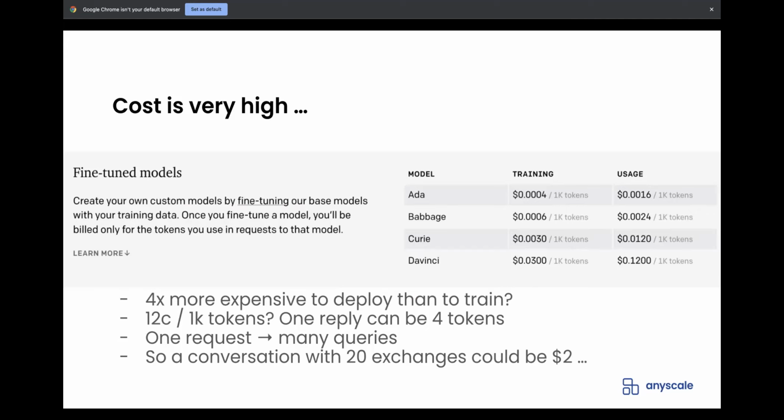There are some concrete numbers, but TLDR is that if you're doing a real conversation with 10, 20 exchanges, it can easily go up to $1, $2. This is much higher than the experience of, for example, doing a Google search or similar previous generation interactions. So cost is a big challenge.